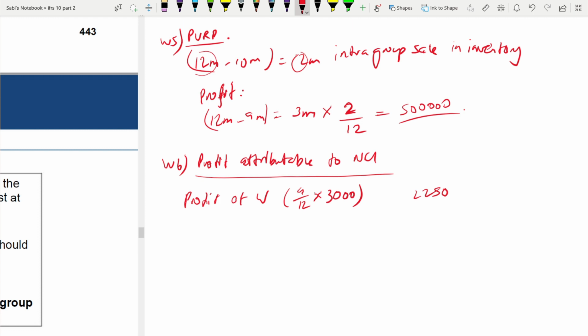Next, we have any excess depreciation and all. It's an expense, you have to deduct it from the profit. It was 600,000. We already calculated it before. Then we have goodwill impairment. This is also an expense which will be deducted. This was in working 2. How much did we get? 300,000.